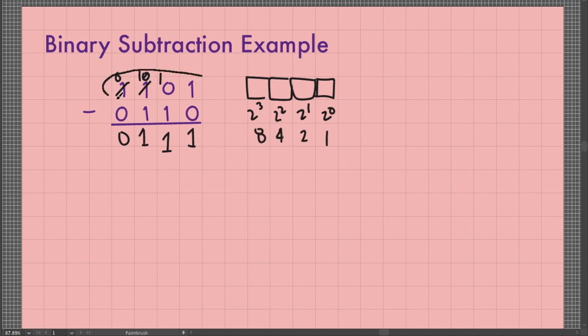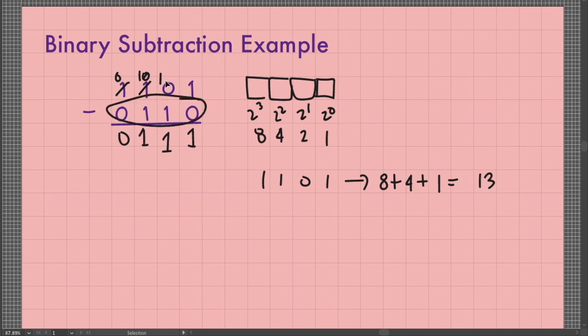So let's try to convert this into decimal. Based on these weights, we have 8 plus 4 plus 1. So this is equal to 13. Next, let's try to write down this number. So 0110. Based on these weights, this is equivalent to 4 plus 2, which is equal to 6.